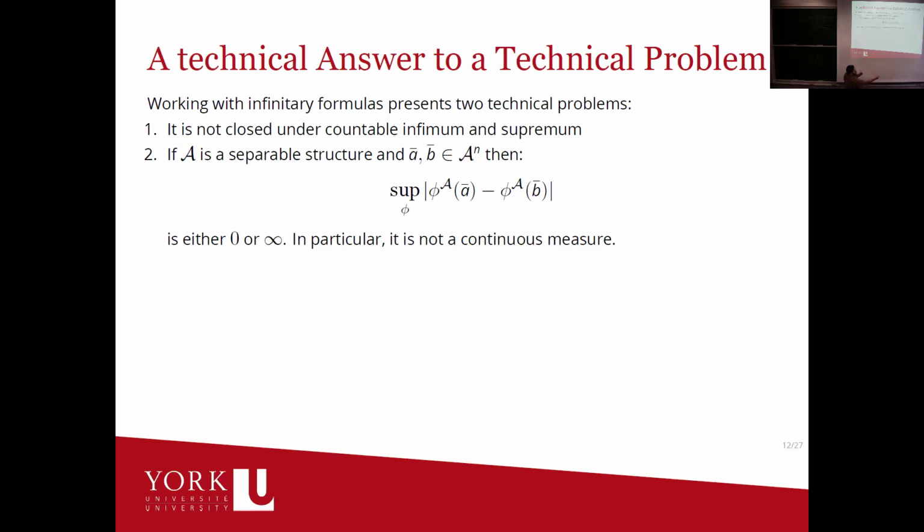If you give me two tuples, how much do they differ amongst all the formulas? Well, the problem is that quantity is either 0 or infinity, because they either always agree, or if they disagree on some formula by epsilon, then 2 times that formula, 3 times that formula, 1,000,000 times that formula is also a formula.